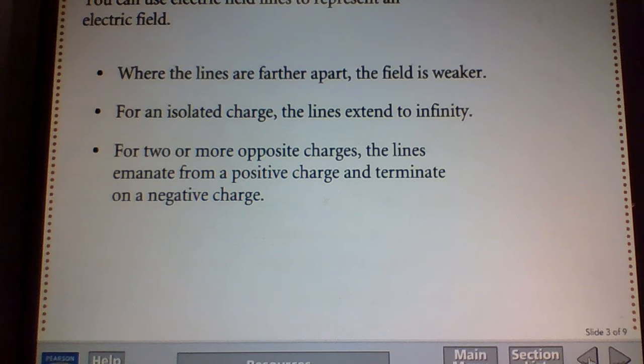But basically, again, these extend to infinity. There might not be much attraction or repulsion on you from the electric charge, but it's always there. So if we have two or more opposite charges, the lines are going to come from the positive charge and end on the negative charge.